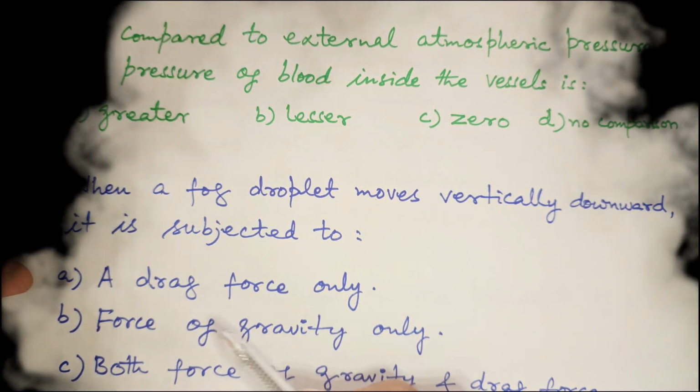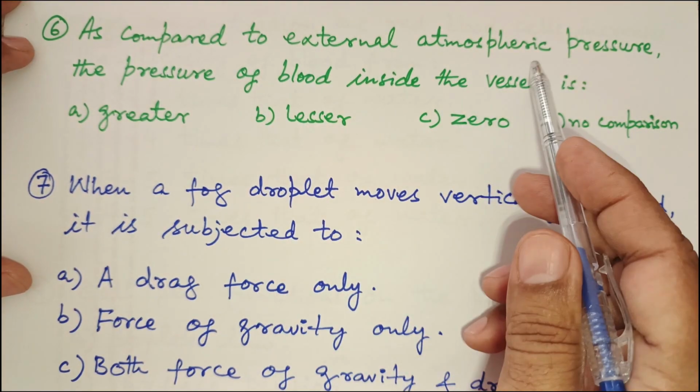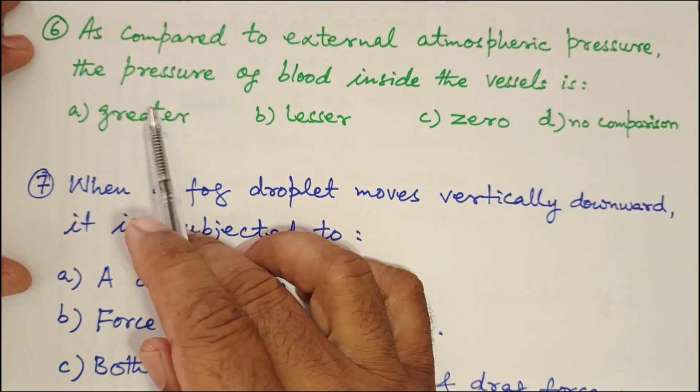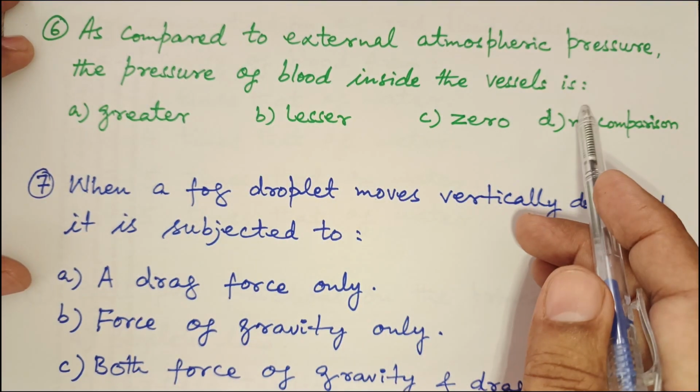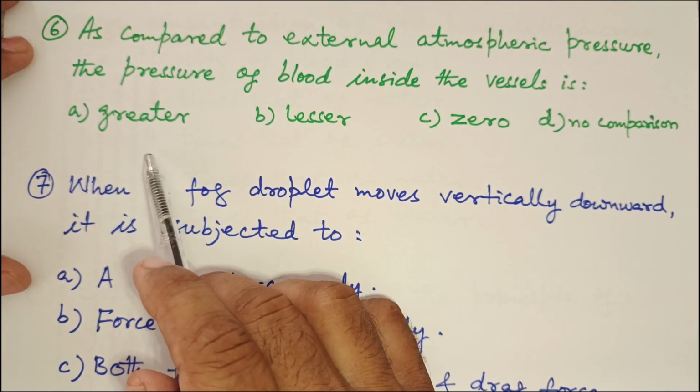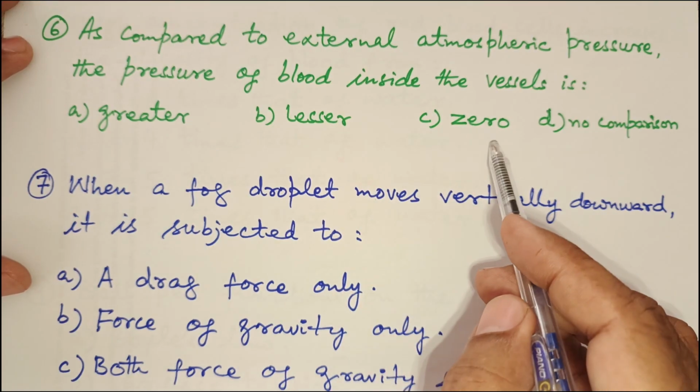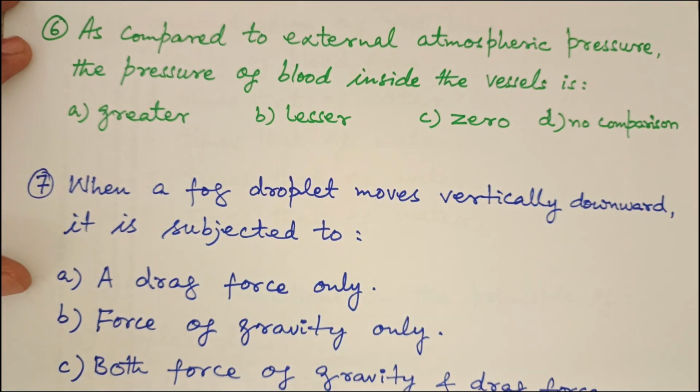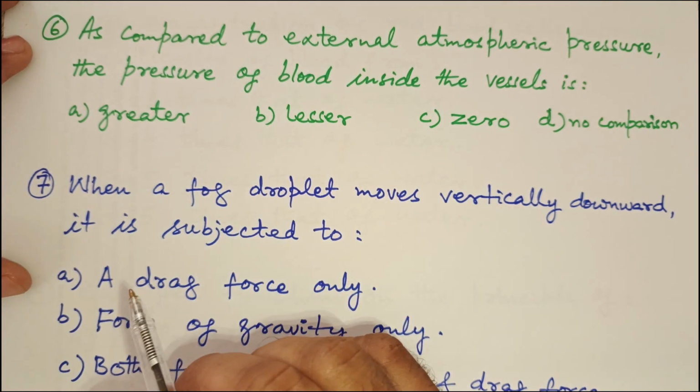The next is: as compared to external atmospheric pressure, the pressure of blood inside the vessels is, options are greater, lesser, 0, no comparison. What's your opinion? Yes, the pressure is greater. How?